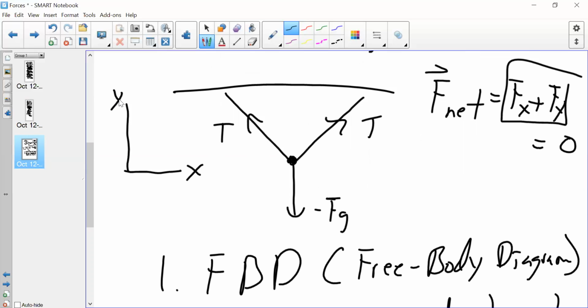So based on this coordinate system, this is going to allow you to isolate all forces in those axes. So you can already see that the tension forces are off axis. Those two tensions, those two T's, don't exist on the X or Y, but there are parts of those tensions that do exist in the X and Y direction. Can anybody tell me what those parts are?